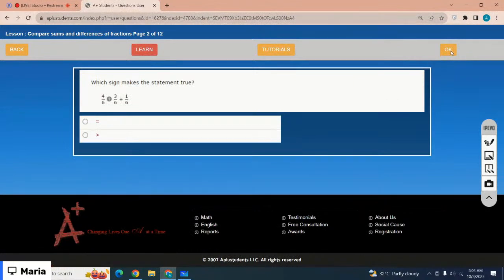Okay, the next one is 4 over 6. You have to compare it to 3 by 6 plus 1 by 6. So which is the correct option? Just solve the other side.